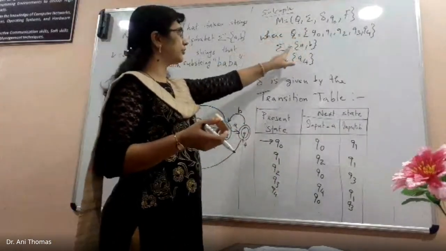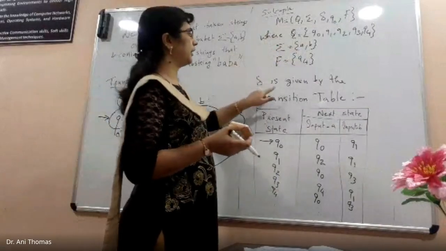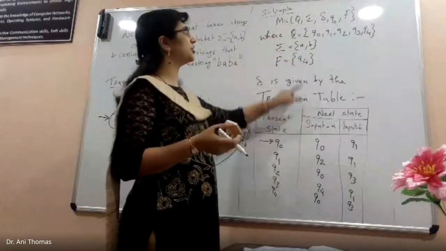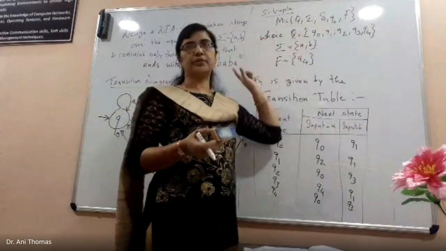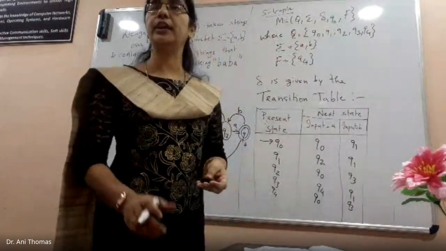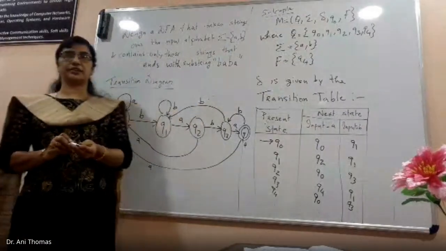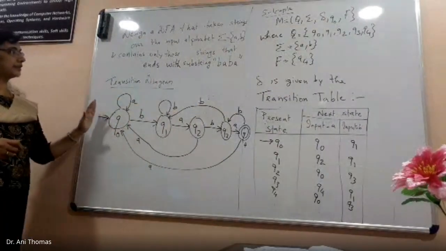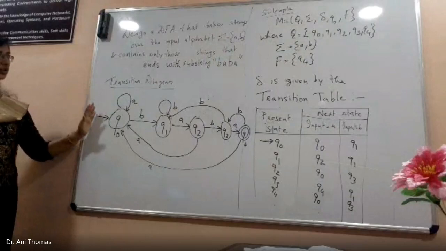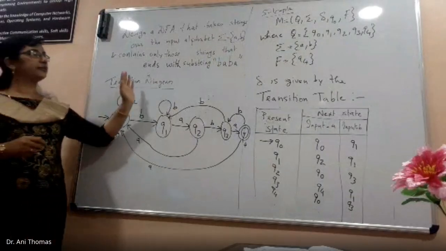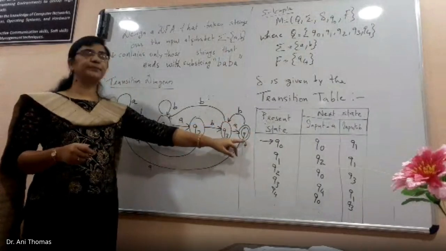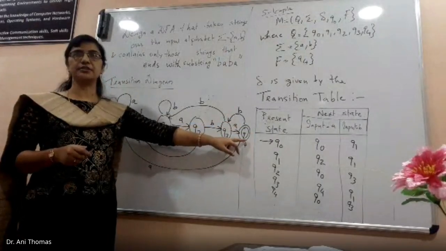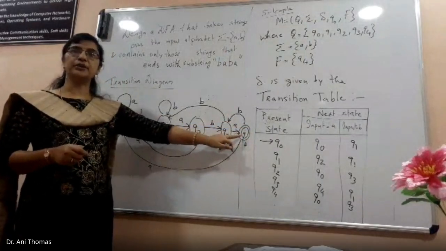Now what will change over here? Nothing. Only del is changed, that is, the transition table is changed. Otherwise, M is equal to Q, sigma, del, Q0, F is the same. So we see here that we have a transition diagram now for strings that end with BABA by only changing the final transitions, which cannot be onto itself.